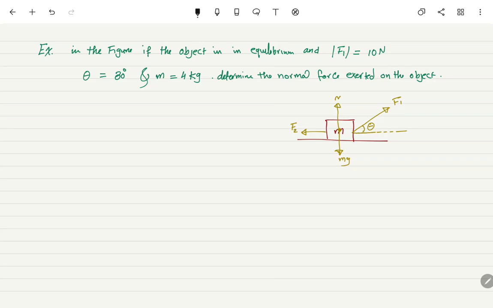So to calculate the normal force in this case, let's analyze F1. Let's just have a free body diagram in another way.